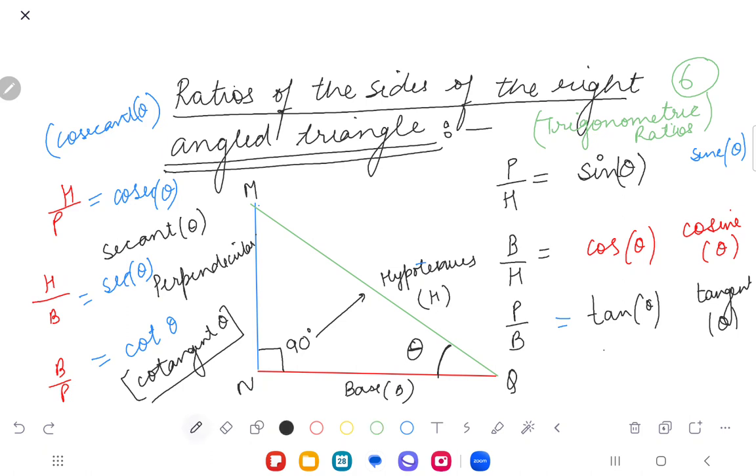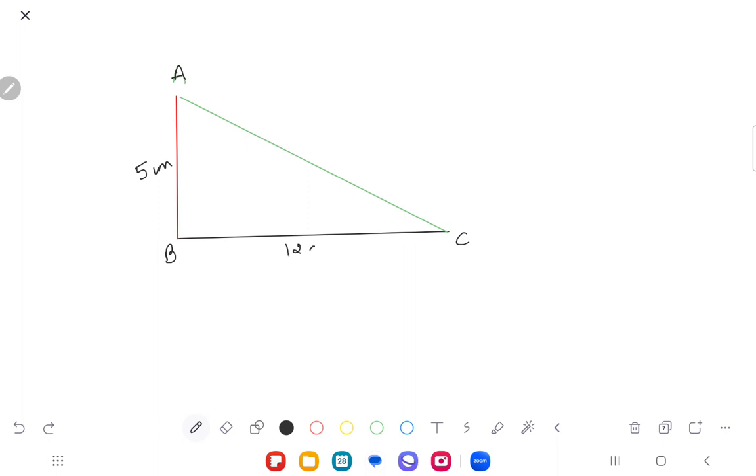Alright. So let us suppose we have this right angle triangle, with vertices A, B, and C. Let's suppose I give you the sides: AB is 5 centimeters and BC is 12 centimeters.